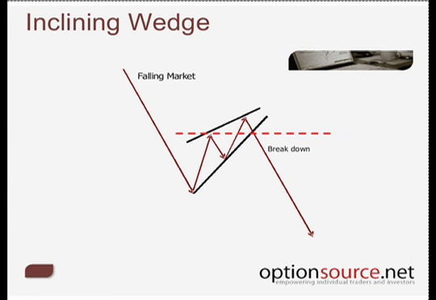Now, I'm just going to take a quick look here at one of my favorites, which is the inclining wedge. As you can see here, we have a falling market, and what happens is it almost fools people into believing that the market is completely reversing, because we have that break of a higher high that tends to be the characteristic for a continuation in the uptrend. But what happens is the lows are in fact getting higher faster than the highs are getting higher.